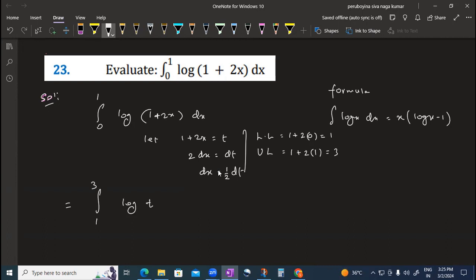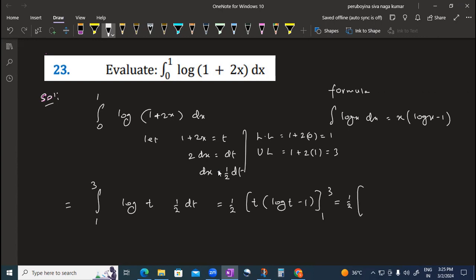And this is log t because 1 plus 2x is t, and dx is 1 by 2 dt. So write 1 by 2 outside of the integral sign. And log t, you know that t times log t minus 1 is similar to x of log x minus 1. And it is under the limits 1 to 3.